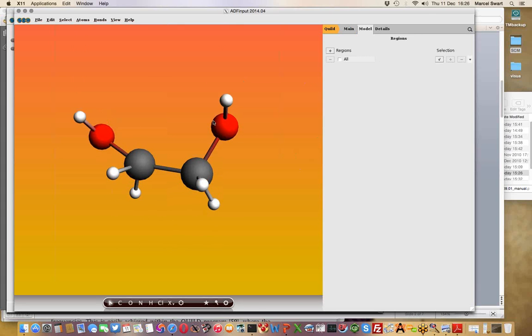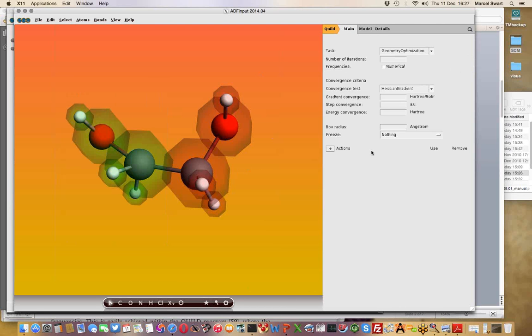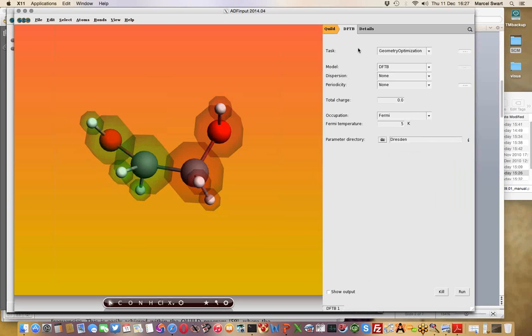You define different regions. For instance, if you want to study this part at high level, and this is the other region, then you say the whole system you treat at the lower level, so maybe DFTB.